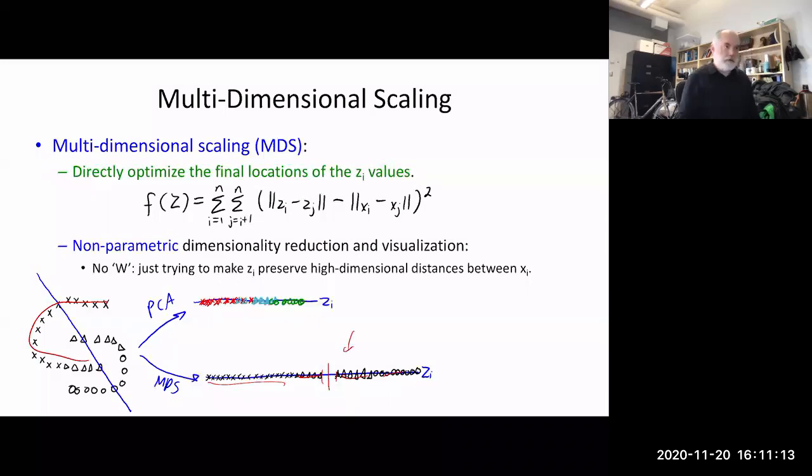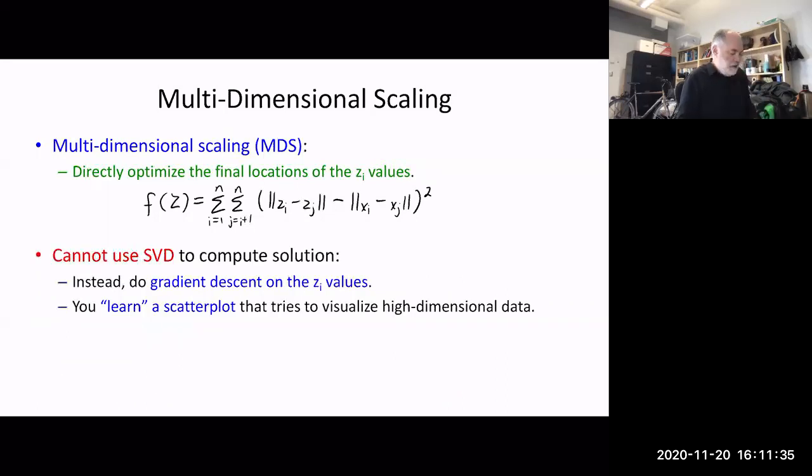Obviously, if we were going to build a random forest-based classifier in this space, we'd do a much better job, because the classes here are laid out in a way that you can distinguish them easily in this embedding space, in this basis.